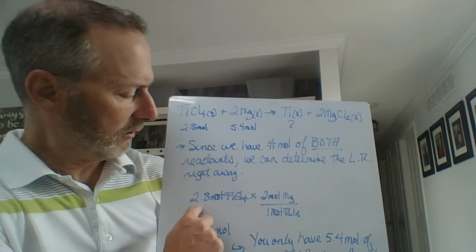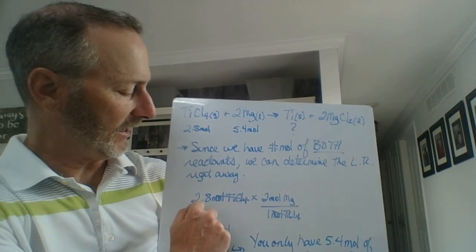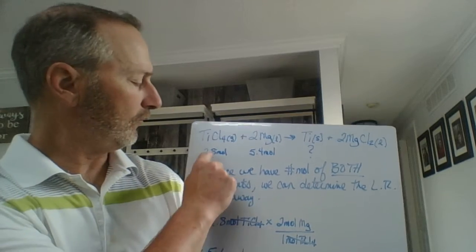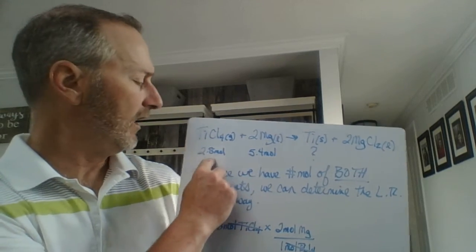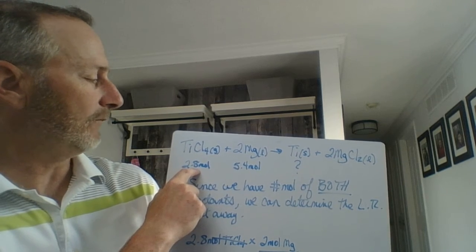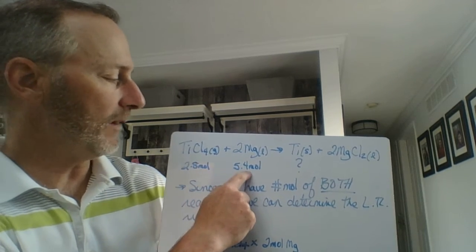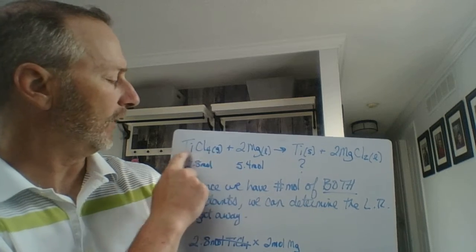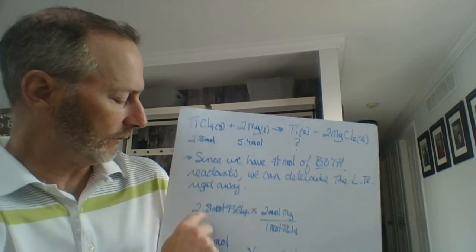Our ratio of titanium 4 chloride, 2.8. It doesn't matter which one you start with. We're going to say, if we have 2.8 moles of titanium 4 chloride, how much magnesium do I need? Our ratio is 1 to 2. So here's my calculation.